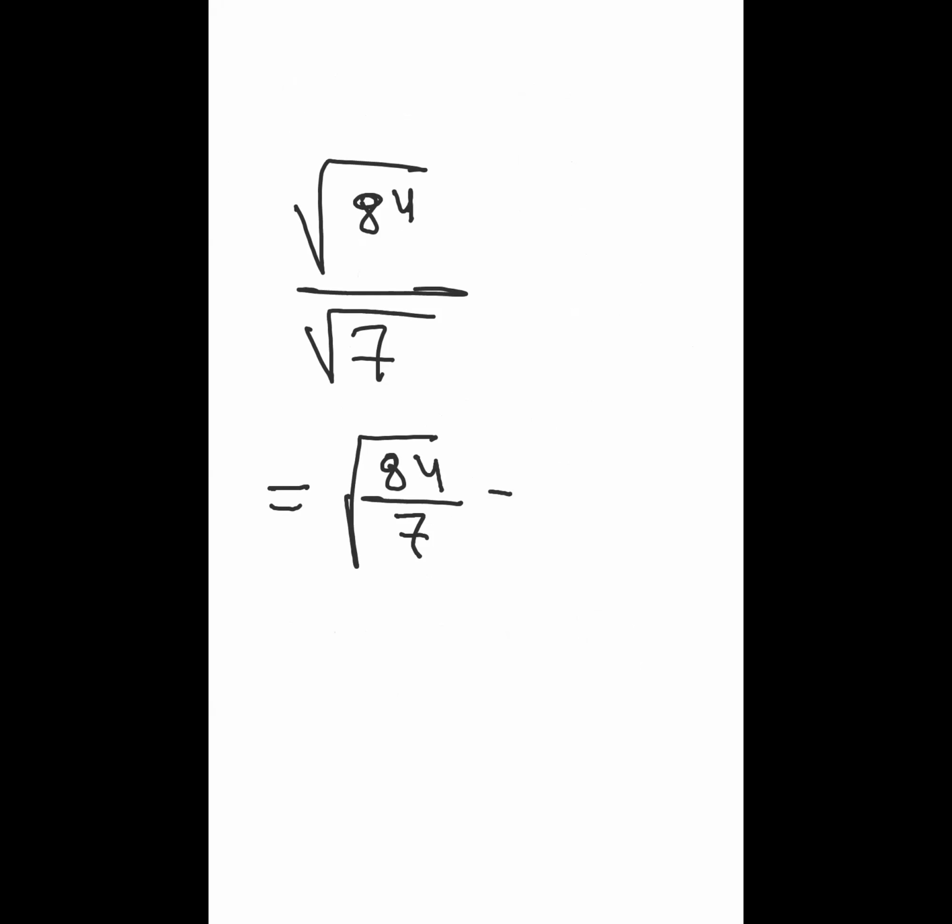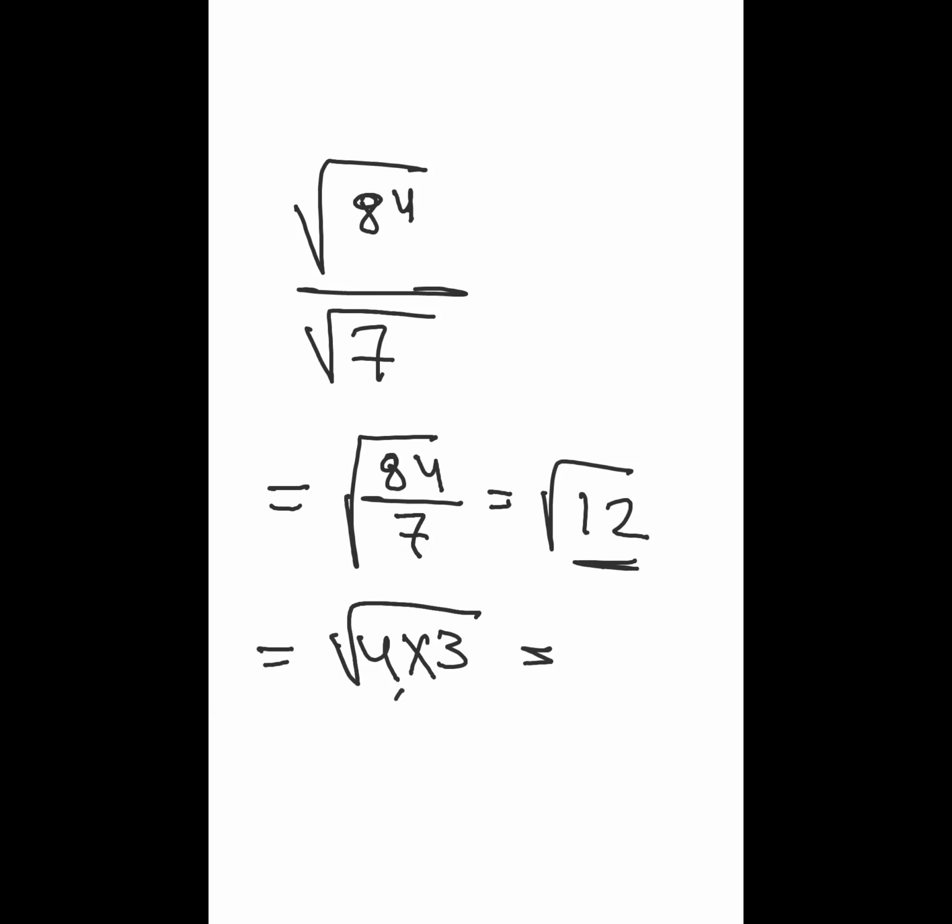Next one, if it's like this, square root of 84 over square root of 7, how to solve this one? Actually, square root of 84 divided by 7, we said that it will equal the square root of 12. Now 12, I can factorize this one. Actually, 12 means 4 times 3.